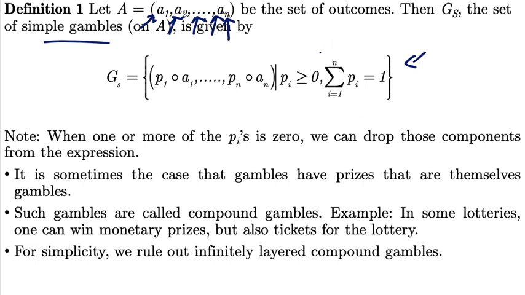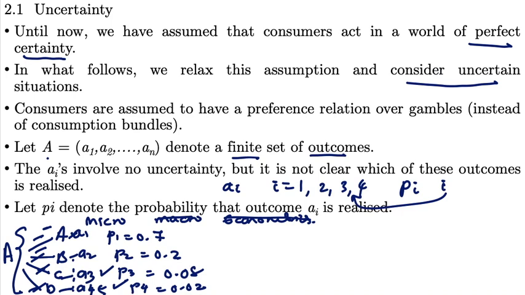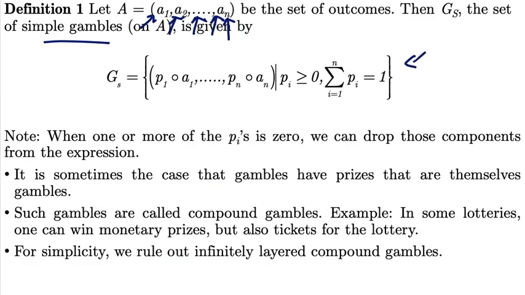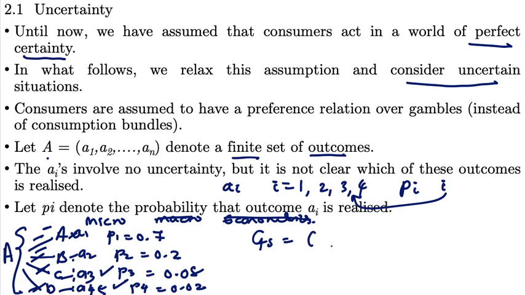Now, let's look back at this example. So that means GS in this case is actually the set of what? If we look at this notation, we can see that the set of P1 is composite of A1, P2 composite of A2. Let me erase this, it is a mistake, typo.